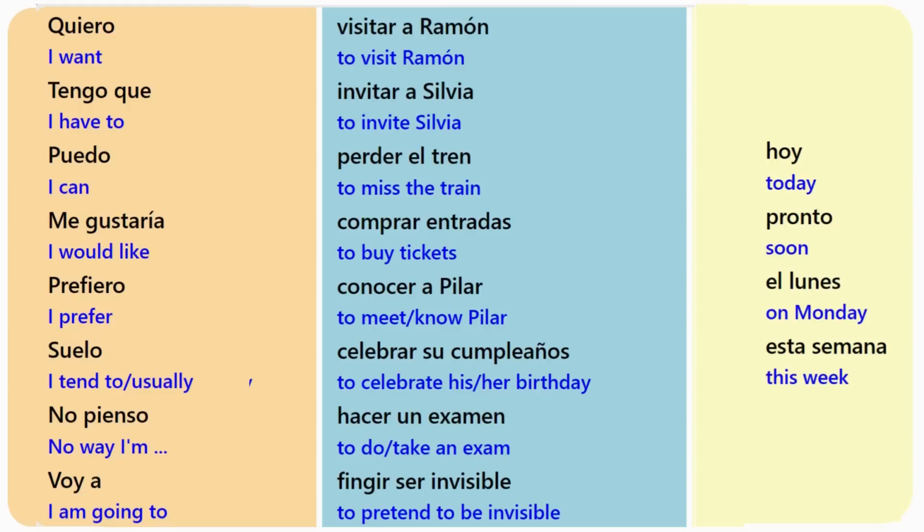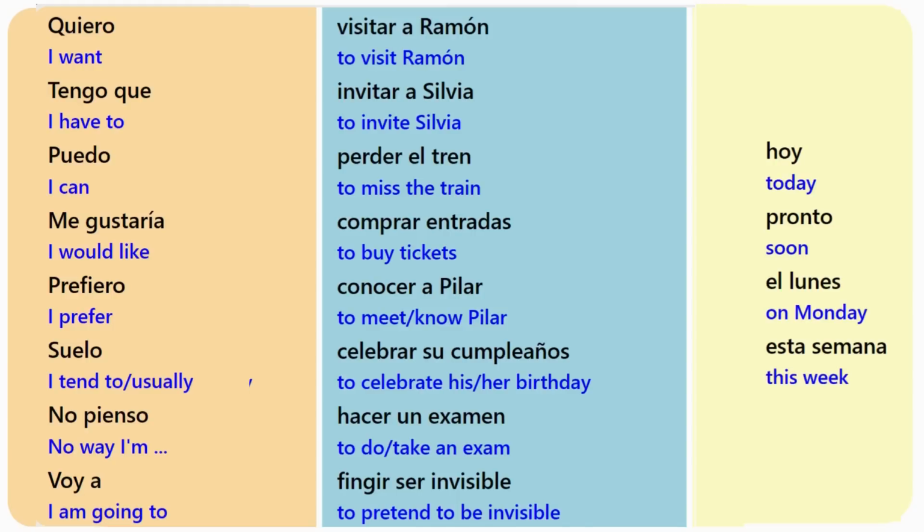There's no way I'm visiting Ramon. But more literally is, I don't think to visit Ramon. We wouldn't say that. The translation would be, no way am I visiting Ramon. So no pienso. And just notice how the no is all that was needed to turn it to a negative.